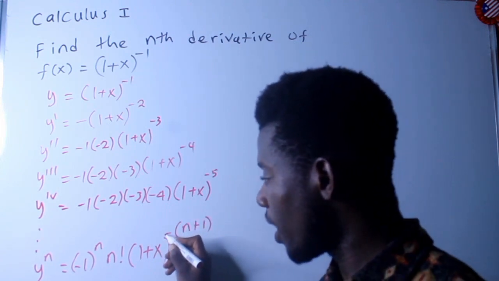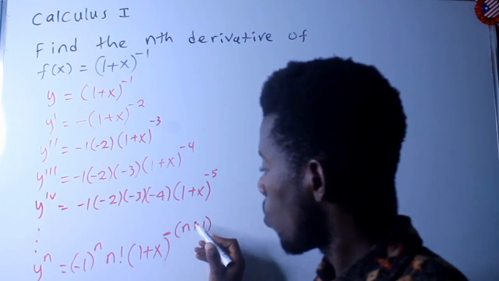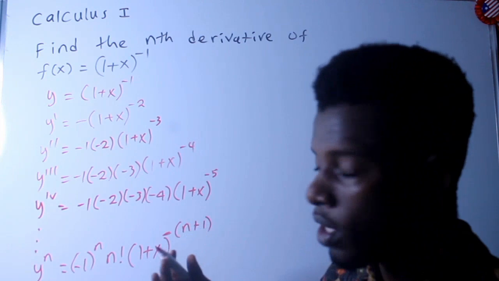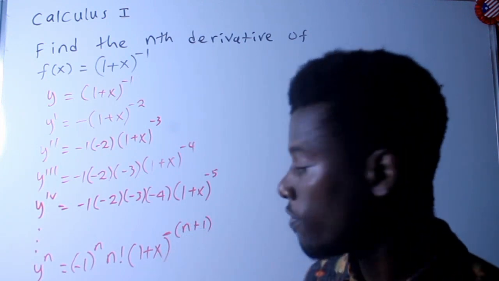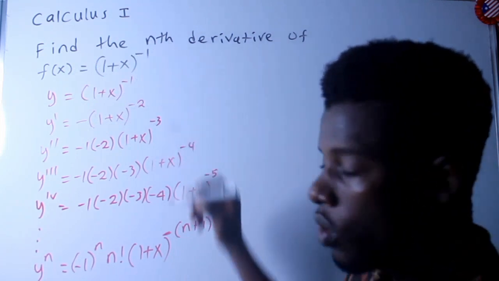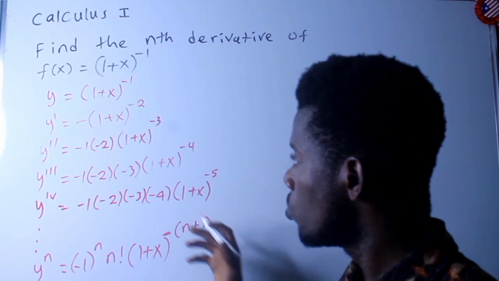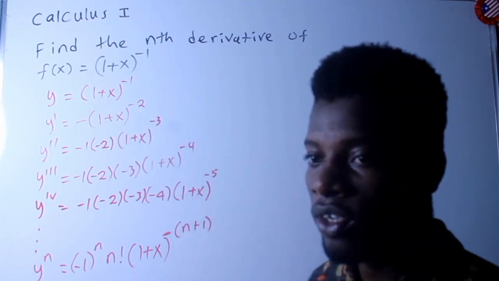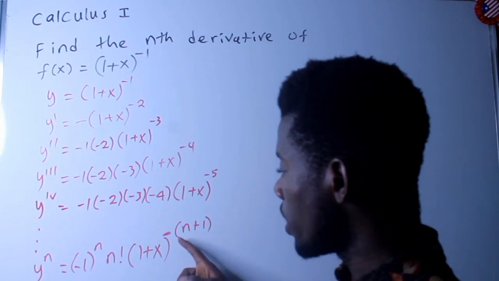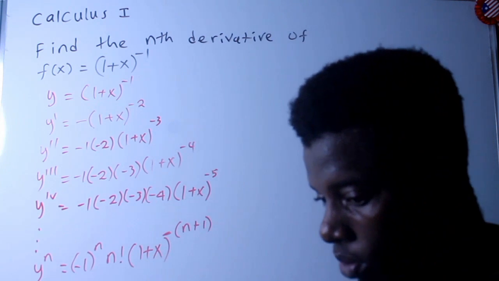So we'll put a negative outside, and we'll have n plus 1, to show that whatever value of n we put here, this negative will be multiplied by the entire result to make the entire thing negative. So for the first derivative, if n is 1, we have 1 plus 1, which will give us 2. If n is 2, we have 2 plus 1, which will give us 3. If n is 3, and so on. So we take this and put it in the denominator.